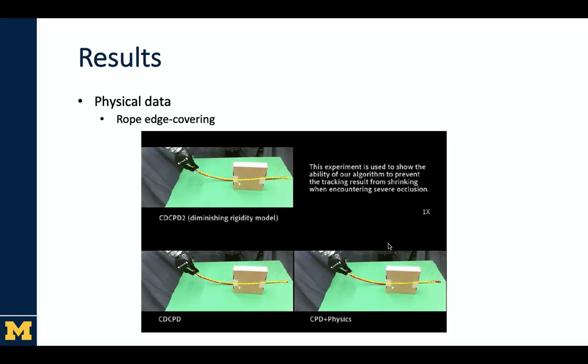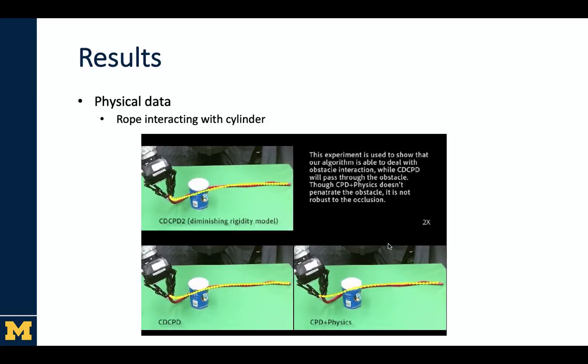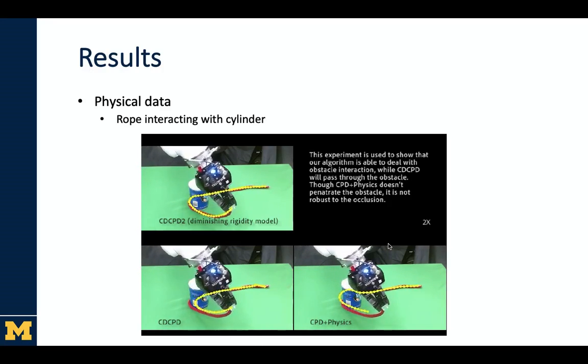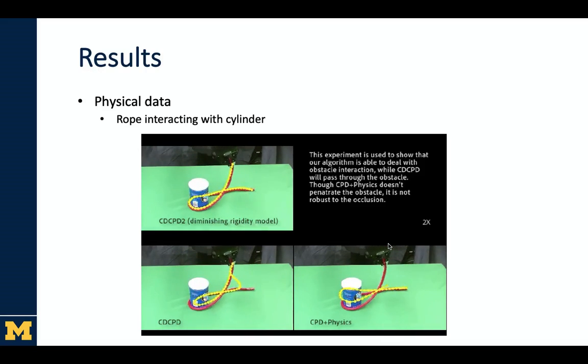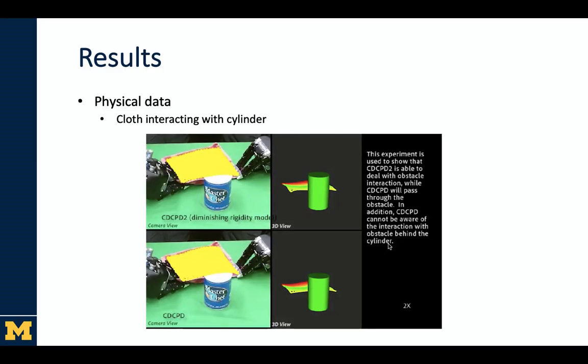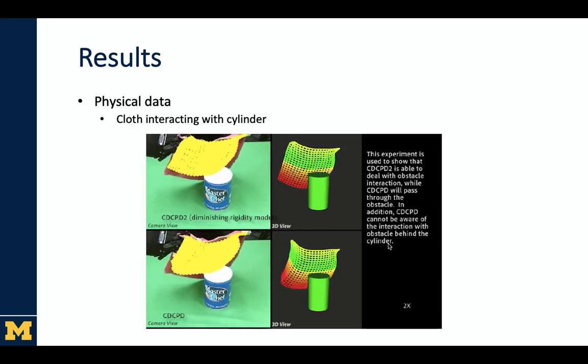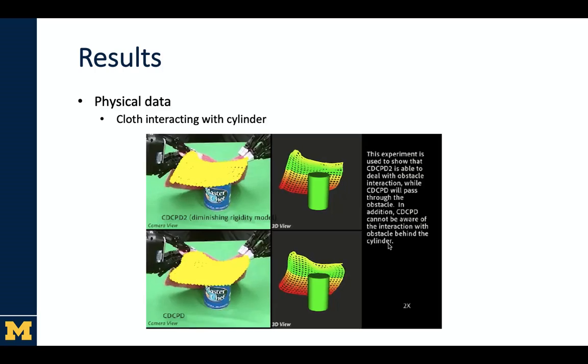For the physical data, we have a similar rope edge covering test, which has similar results as shown in the simulated data. For rope cylinder interaction, our method will not penetrate the cylinder and is accurate. Similarly, in our cloth cylinder interaction test, our method can still stay outside of the cylinder and is accurate.